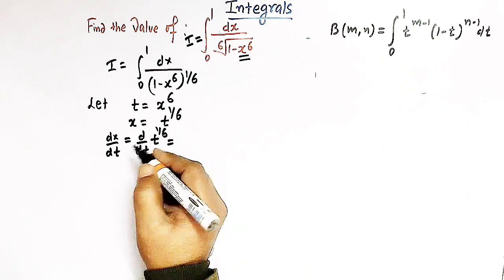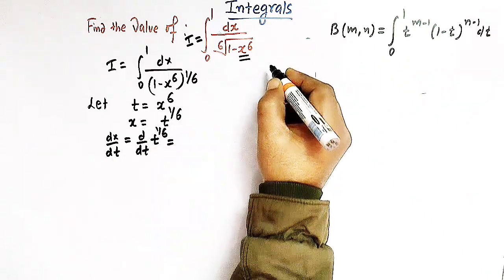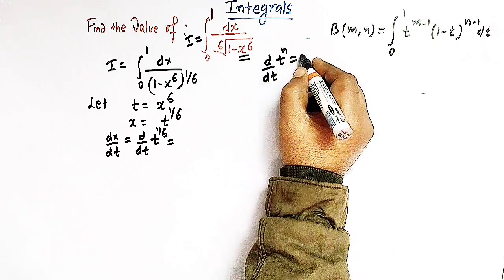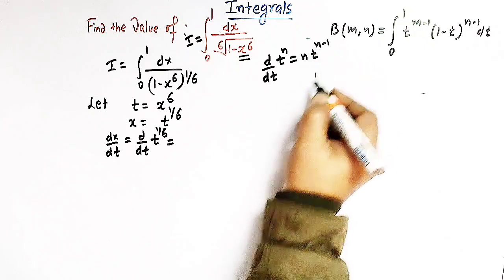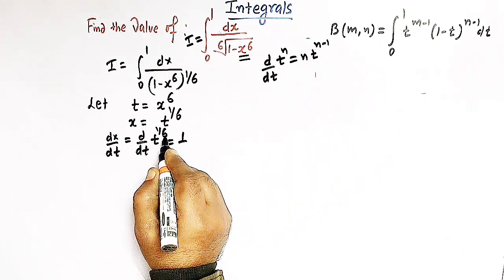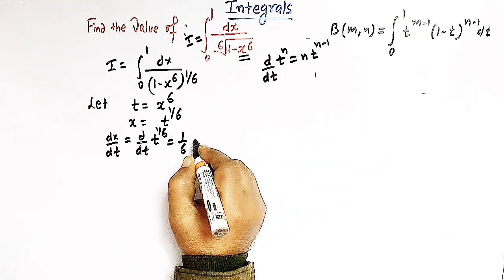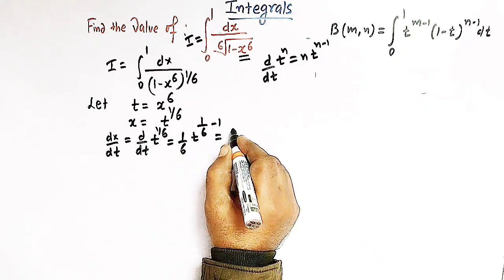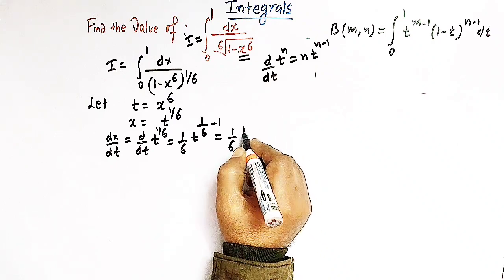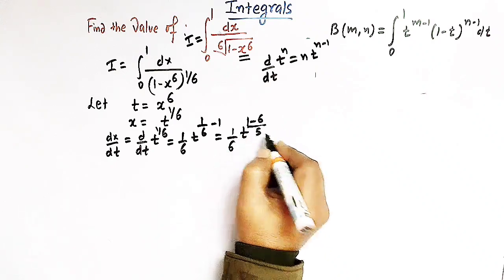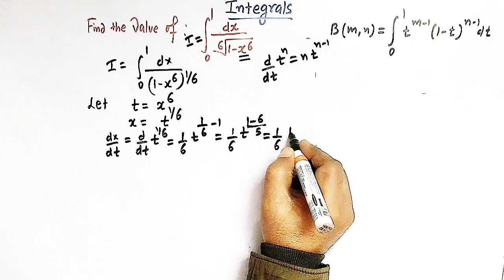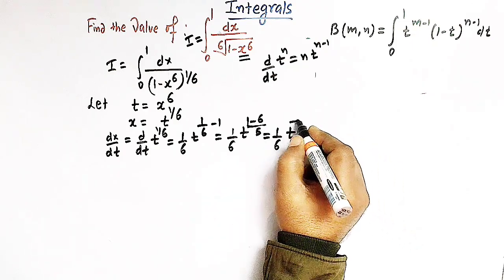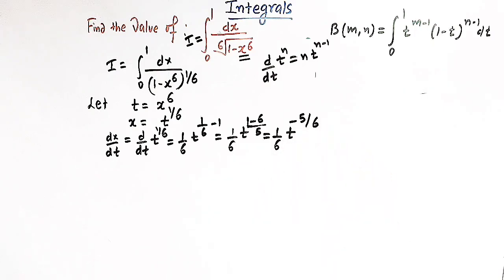So using the power rule, that is the derivative of t^n is given by n times t^(n-1), we have n equal to 1/6. So we have 1/6 times t^(1/6 - 1), that is 1/6 times t^(-5/6).